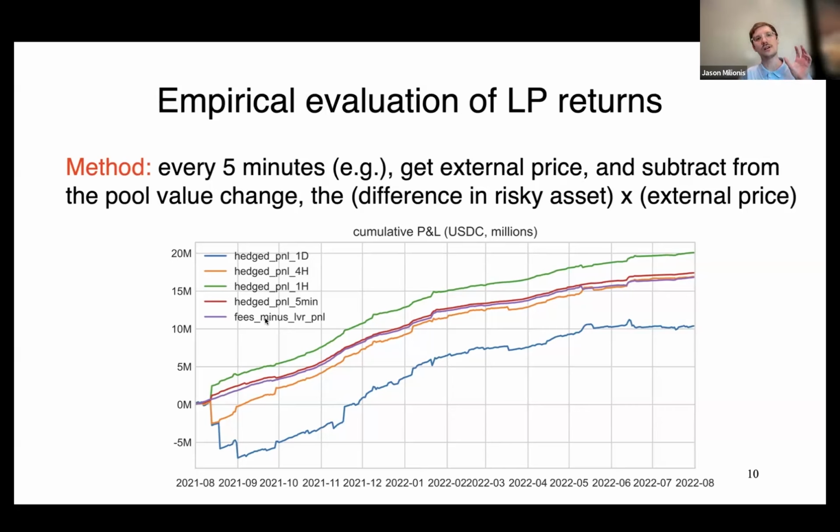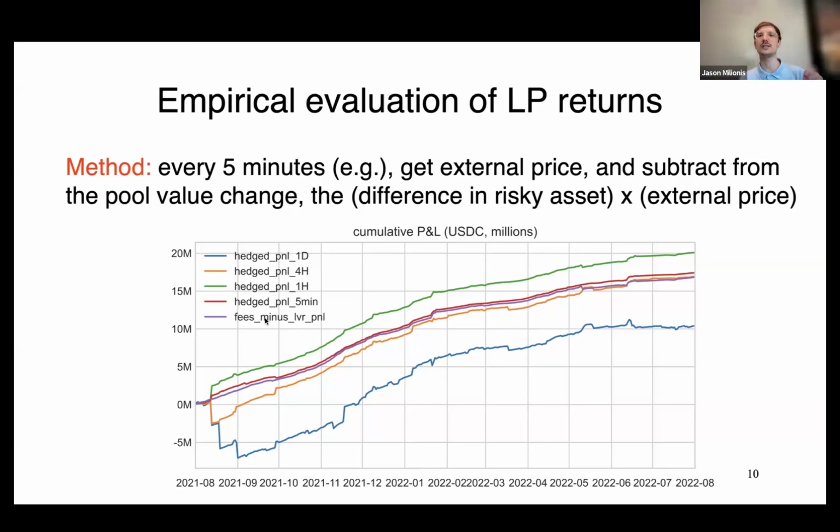What you'll do every time this interval occurs is get the external price. You'll also see what the pool value is, and you will subtract from the change of the pool value the difference that the hedge is going to cause. The difference that the hedge is going to cause is the external price times the difference in the risky asset that your pool has.